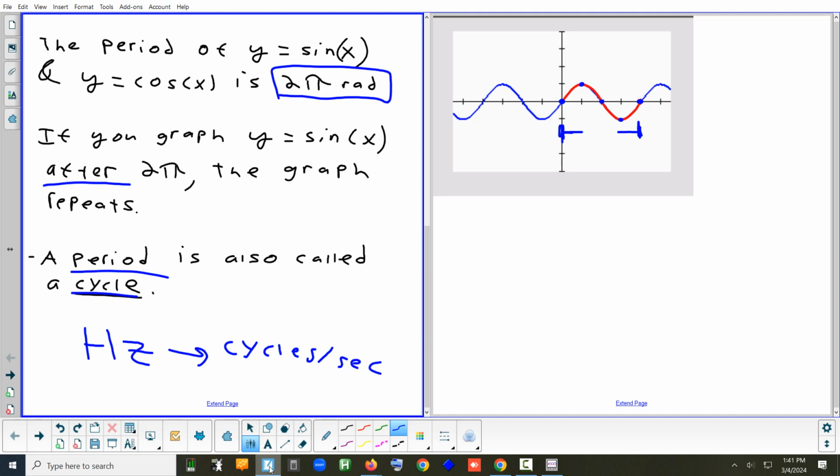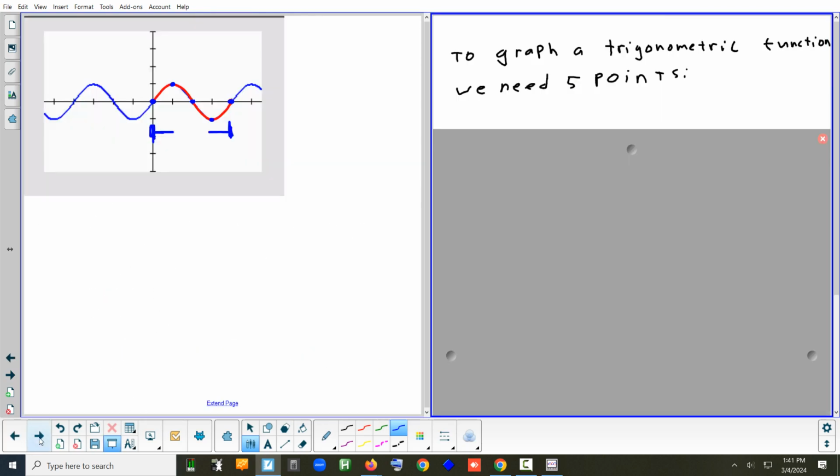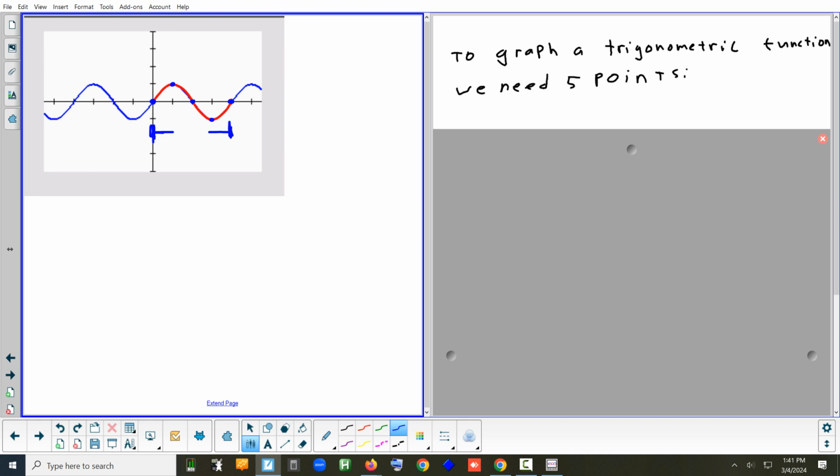All right, let's go back here. So you might have noticed when I said to you that the y values repeat, I named 5 what I call important coordinates. The start, the stop, the middle, the high, and the low. If you have those 5 points, you can draw a pretty good picture of a sine wave. Okay, you can't really draw a sine wave with 2 points.